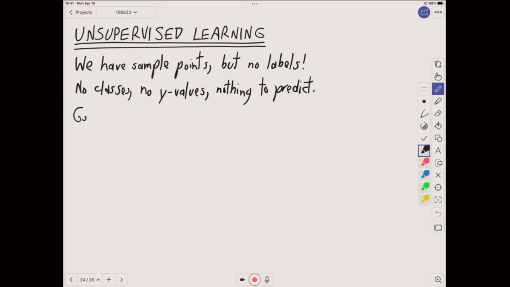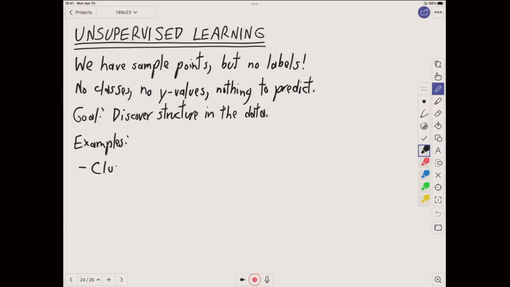Generally, the goal of unsupervised learning is to just discover structure in the data. And I'll give you a few examples. The three most well-known forms of unsupervised learning are called clustering, dimensionality reduction, and density estimation.